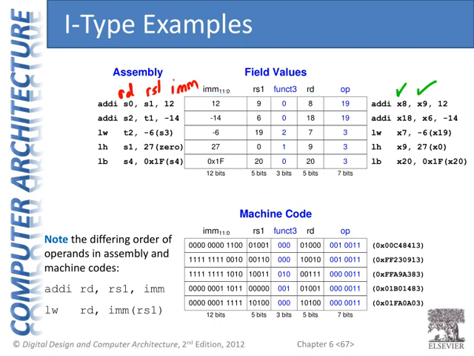And we can do the same for our other instructions as well. So we have another add immediate. This one, we'll notice that the signed immediate is negative. Then we also have load word and other variations of loads: load word, load half, load byte.